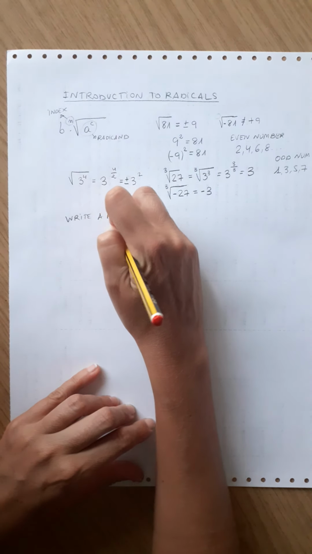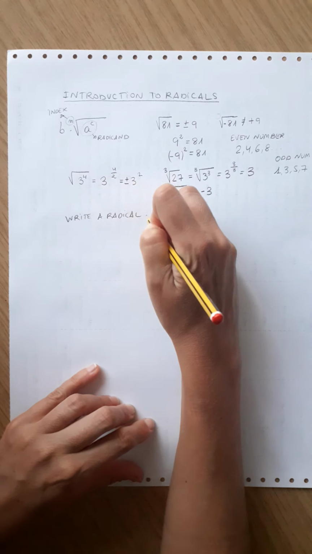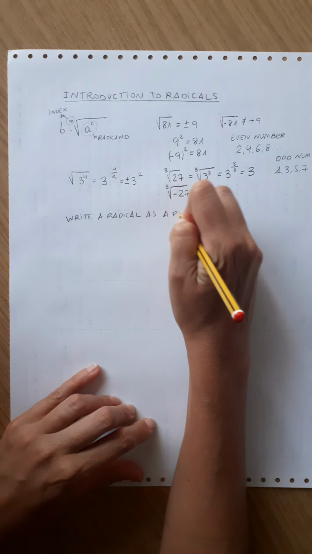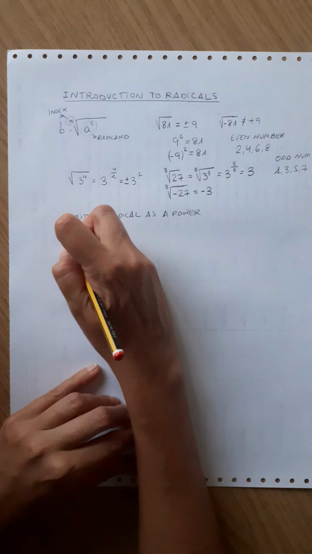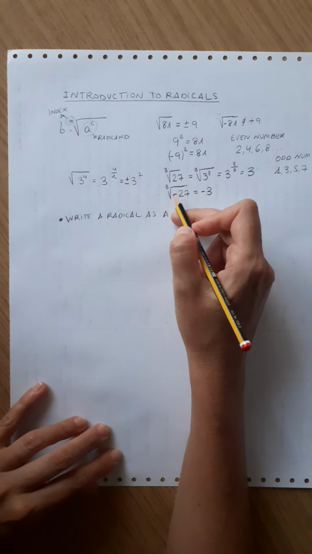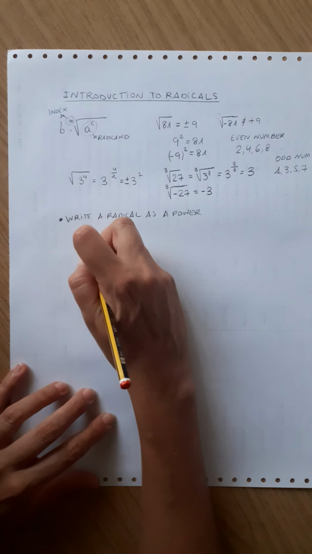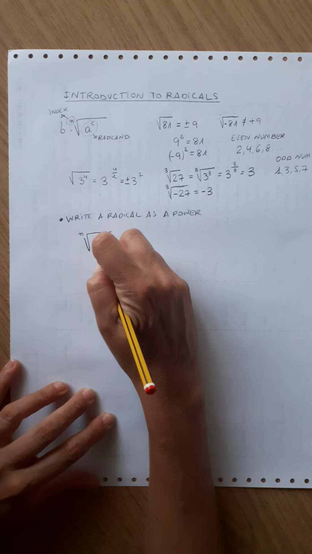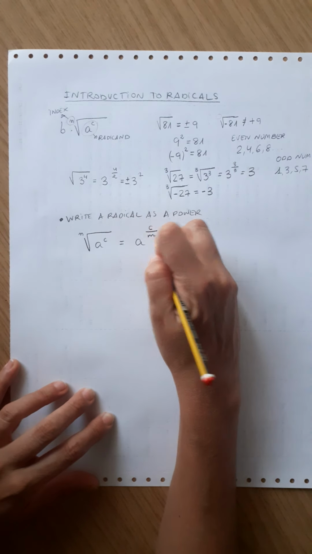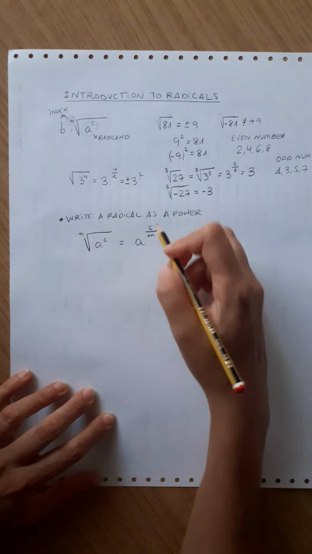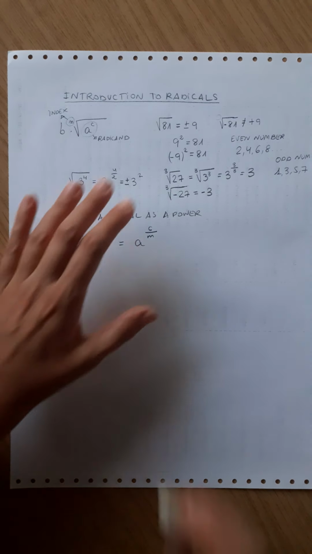Write a radical as a power. It is easy because we have talked about how to solve them. So if you have something like this, I can write it as a power like this. Okay, the index, sorry, this is an n, not an m.